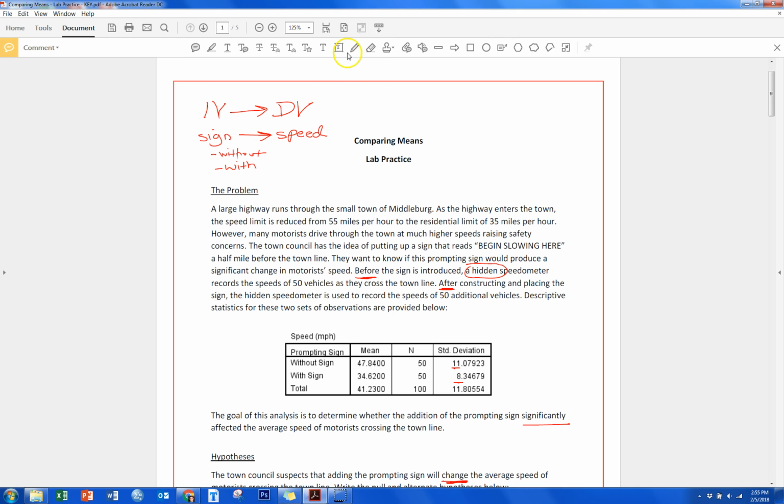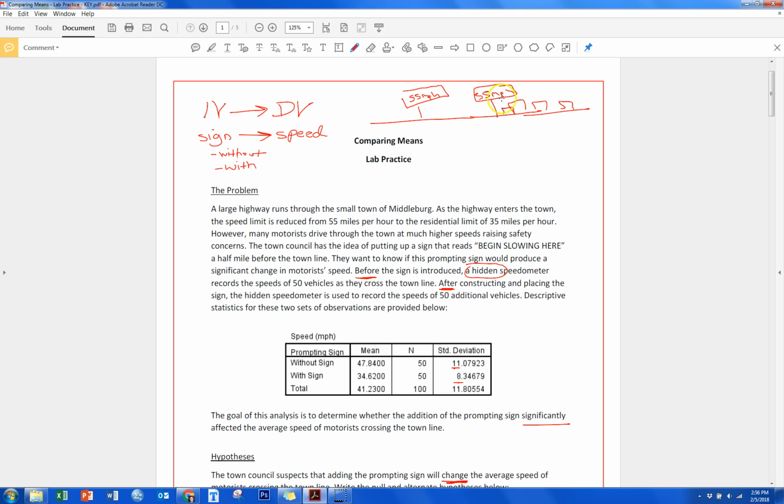If we were to draw this, they're going along, hunky-dory, at the 55 miles per hour speed limit, and then they get to the town, the town's over here. That's a nice town, kind of looks like a histogram. Over here, now the speed limit drops to 35 miles per hour.